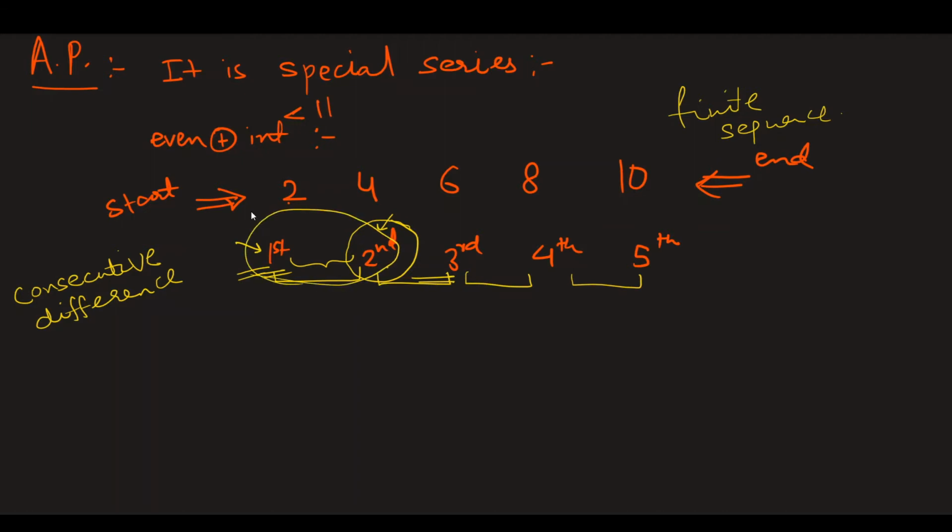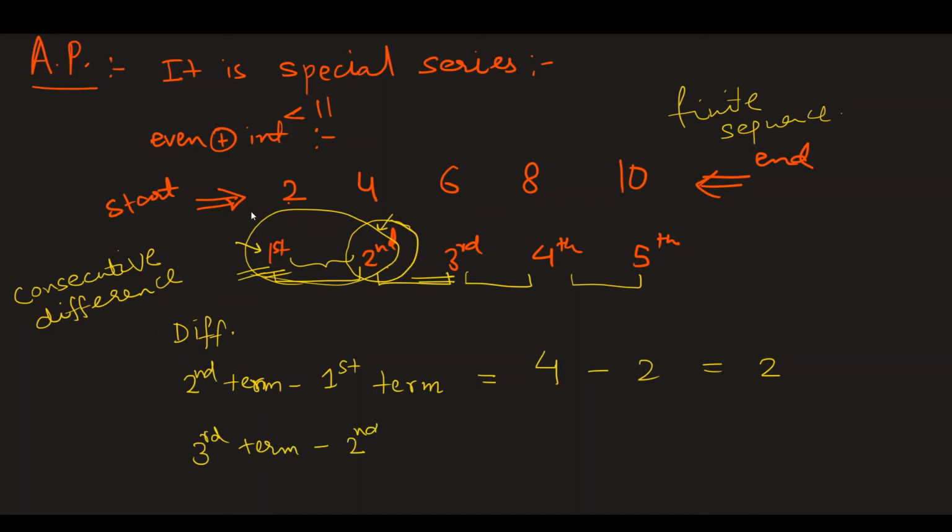So let us take the consecutive difference. We say second term minus first term. We are curious to know what is the difference between the second term and first term. Second term is 4 minus first term, which was 2. So the difference is 2. Then we take third term minus second term.